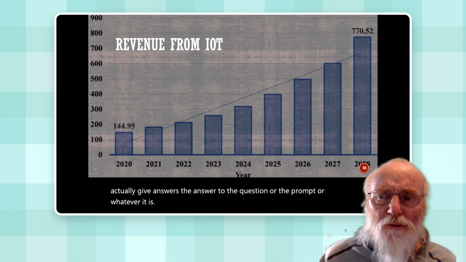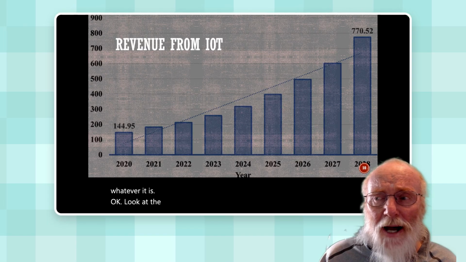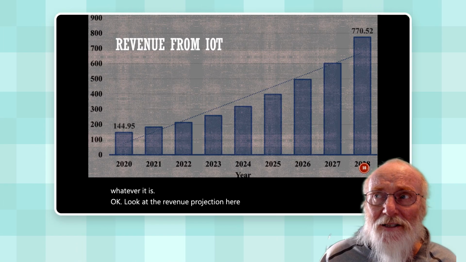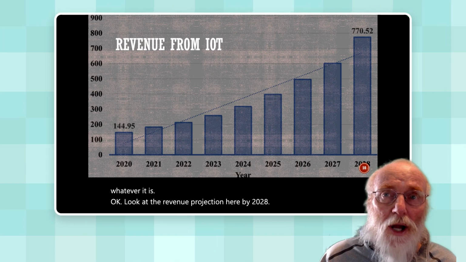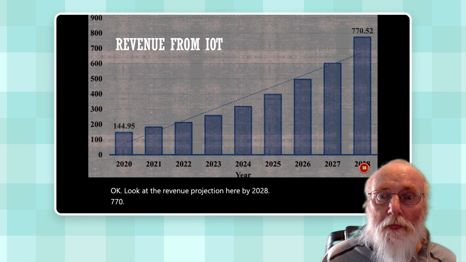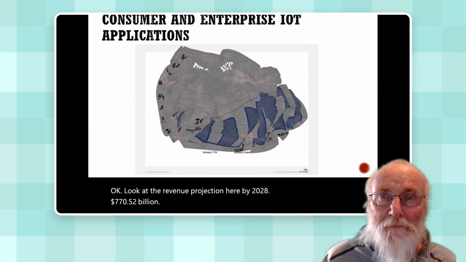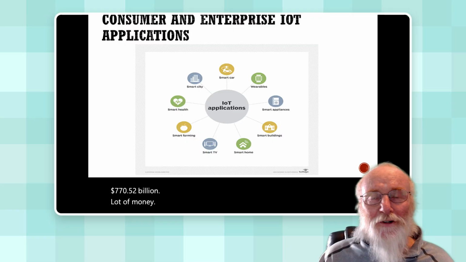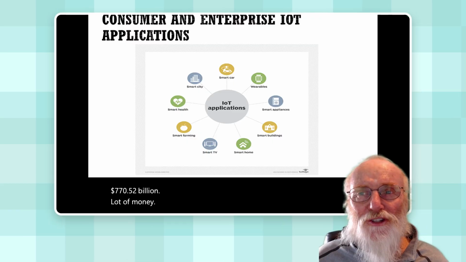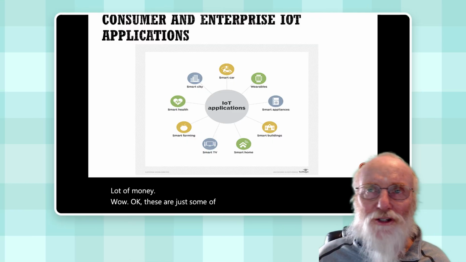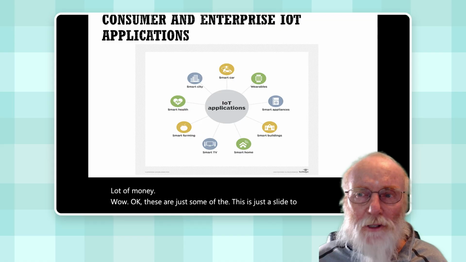Okay, look at the revenue projection here. By 2028, $770.52 billion. A lot of money. Wow. Okay. This is just a slide that shows some of the consumer and enterprise IoT applications.